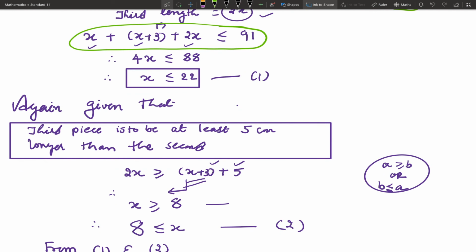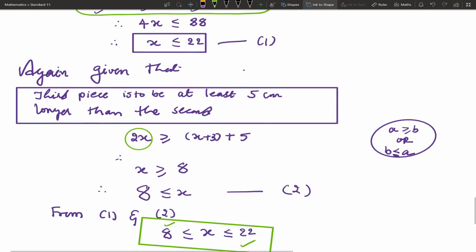Now the third piece is to be at least 5 centimeter longer than the second. So the third piece has length 2x, greater than or equal to the second, x plus 3, plus 5 centimeter longer, so x plus 3 plus 5. Now solve these inequalities for x: x is greater than or equal to 8, which can be written as 8 less than or equal to x.